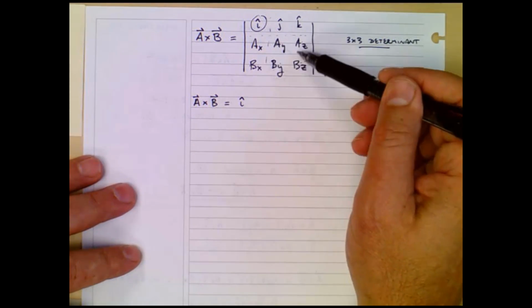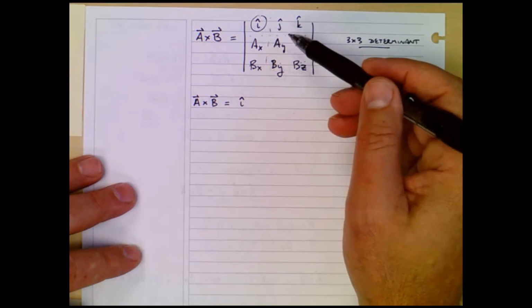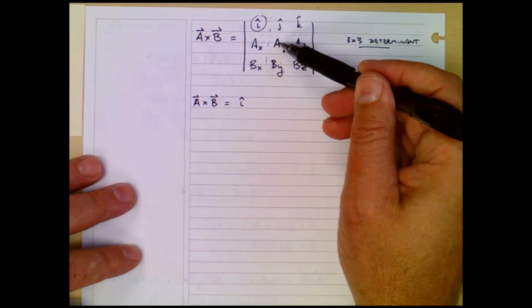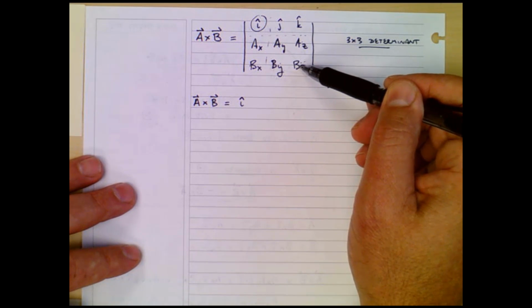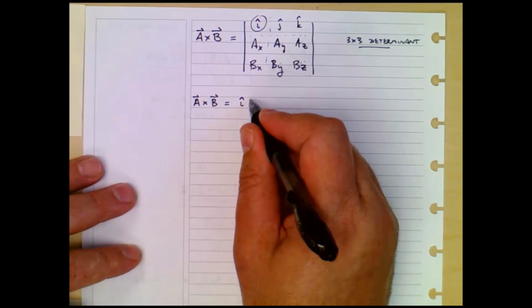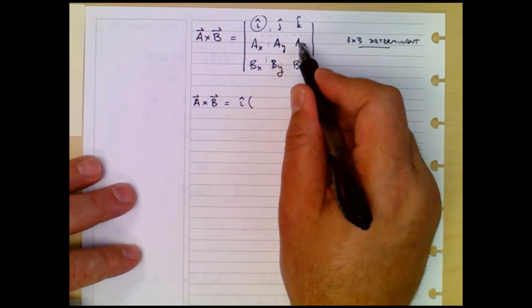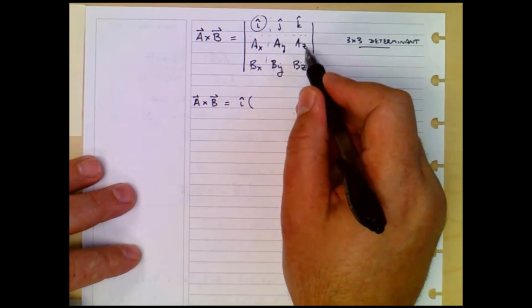So I need the determinant of this 2 by 2. Now most of you probably know the determinant of a 2 by 2 matrix is the upper left times the lower right minus the lower left times the upper right, right? So this is I hat times the determinant of this 2 by 2.